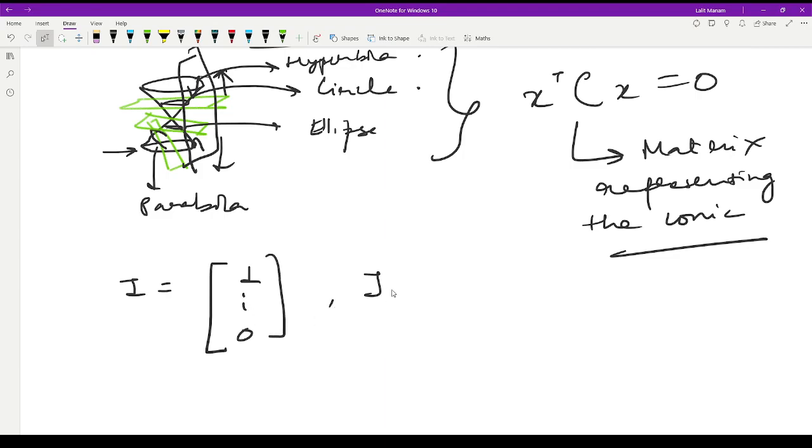The point J is (1, -i, 0). Does anyone remember what it's called? Circular points. Am I right?